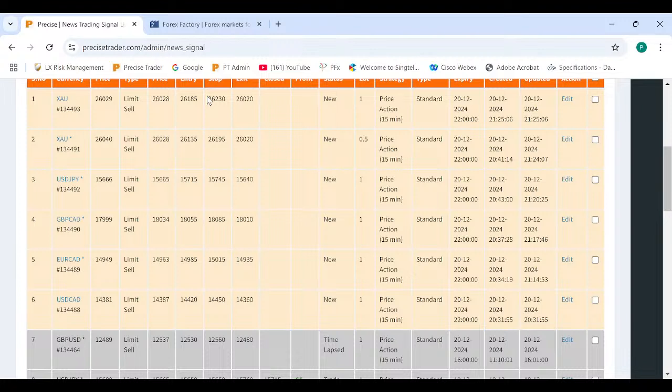If the data is good, we may get a move in another direction. So if we get a spike in either direction, then we will see how to go about. The rule of the game is only two things. One is you have to take note that if the data comes out as expected, we may not get any movement.